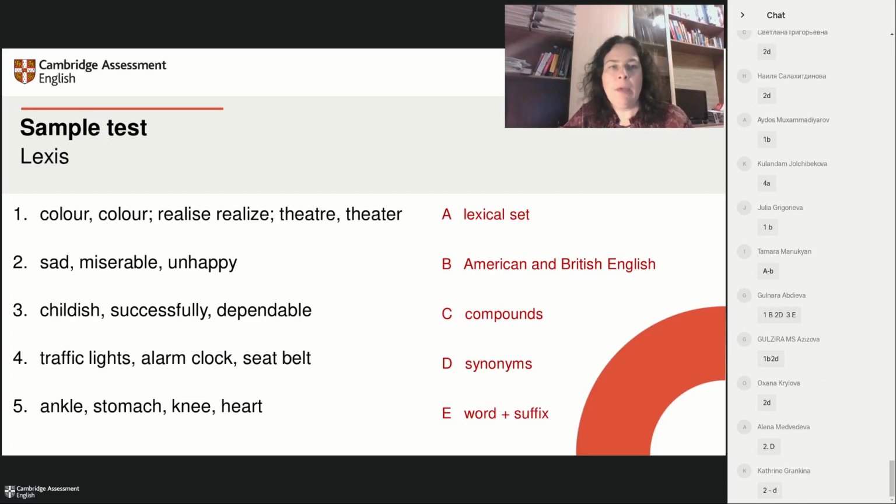Yes, 2D, absolutely right. They are synonyms. Very good. Most of you are accurate here. Yeah, 3E, absolutely. It's about affixation. Compounds are identified. Well done.